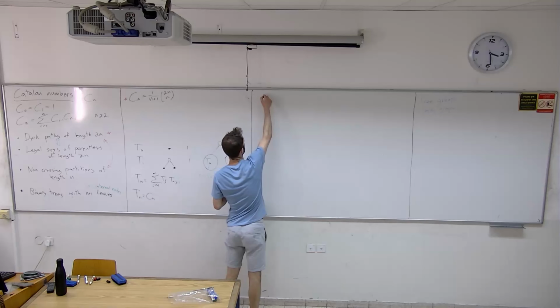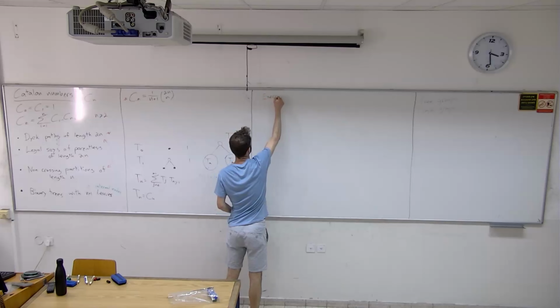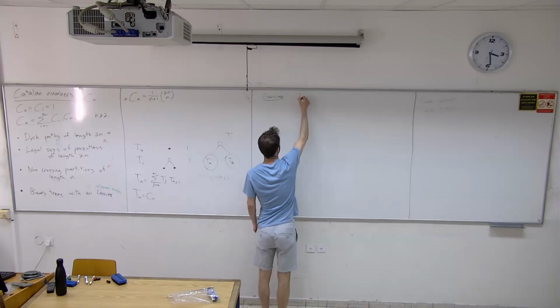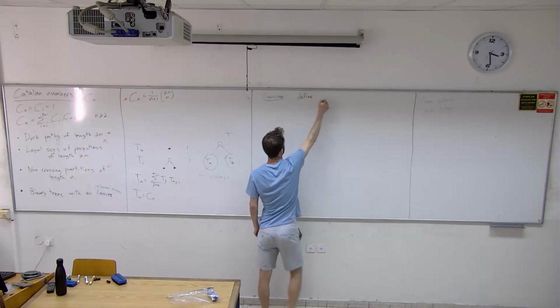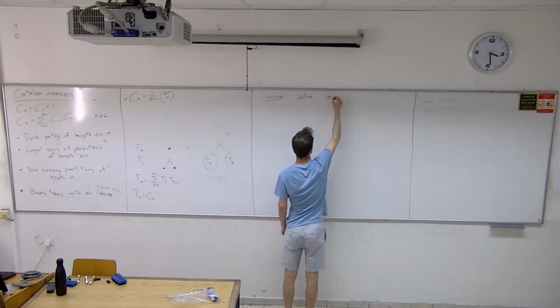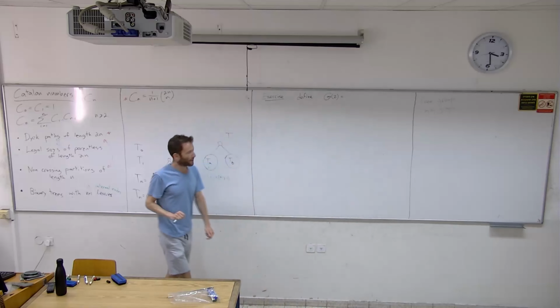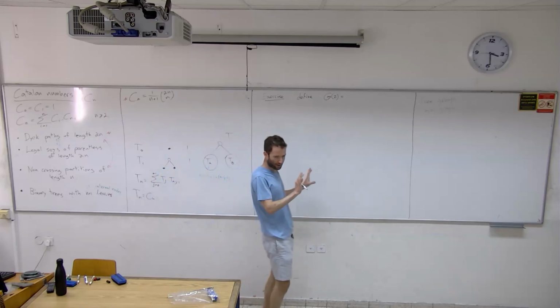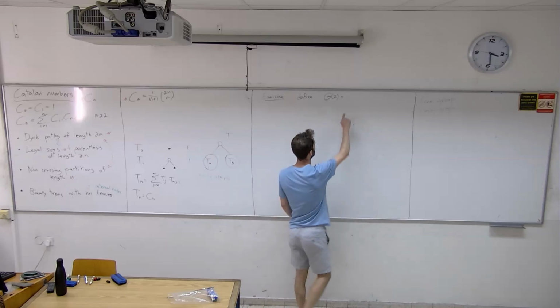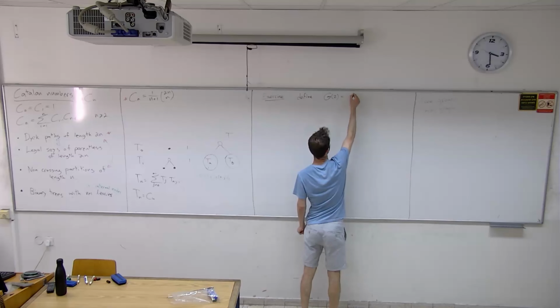Let's define a function. Define a function that I call g of z. It may look familiar to you, but I just call it g of z. Don't mention anything else.